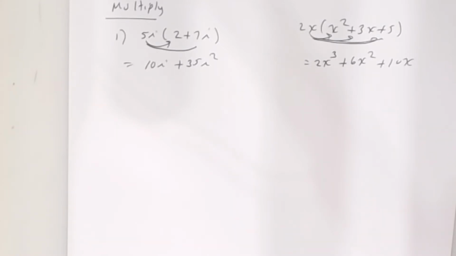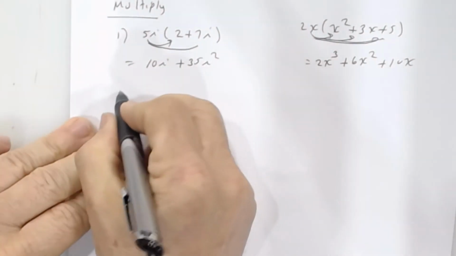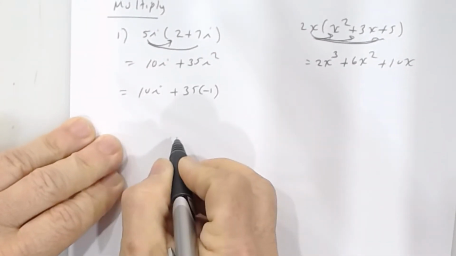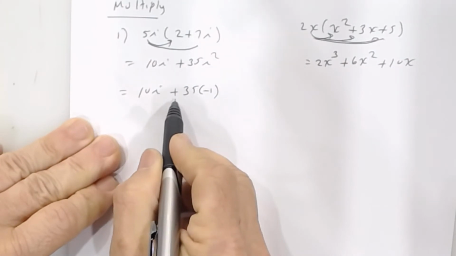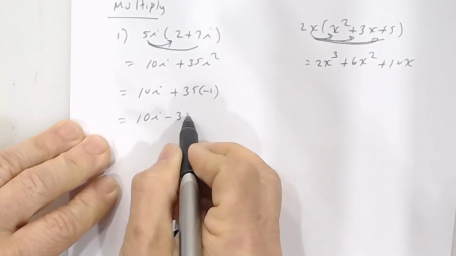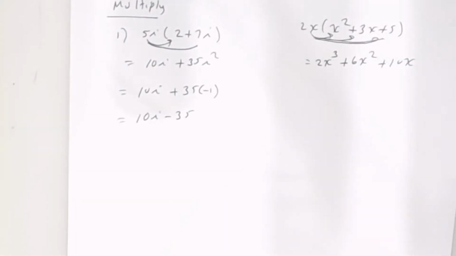Negative 1. So at this point I would replace i squared with negative 1. And what's a positive 35 times a negative 1? But the directions will say, write this in standard form. So that's not your answer. Your answer is negative 35 plus 10i.